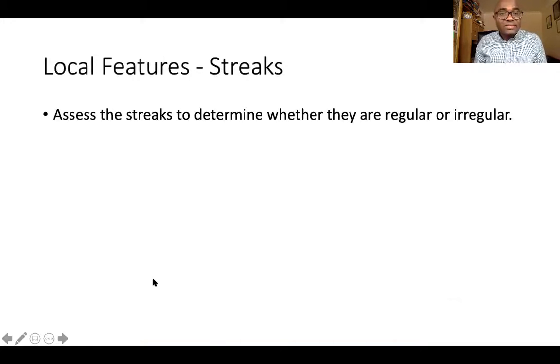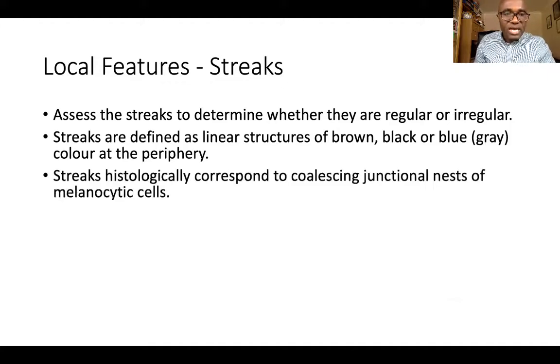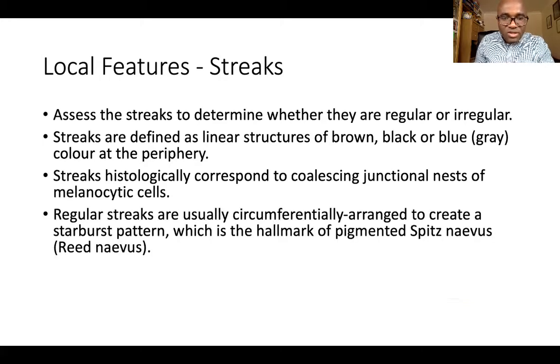Streaks: assess the streaks to determine whether they are regular or irregular. Streaks, as I said, are defined as linear structures of either brown, black, or blue-gray colors at the periphery. Histologically, there will be adjacent nests of melanocytic cells, usually circumferentially arranged to create a starburst pattern, which is a hallmark of a Spitz nevus or Reed nevus.